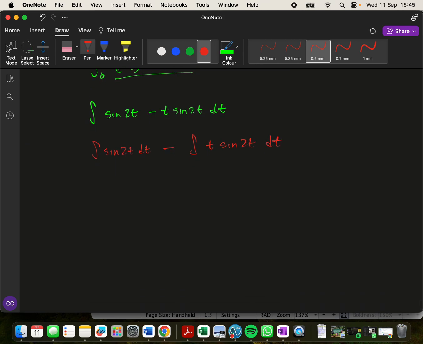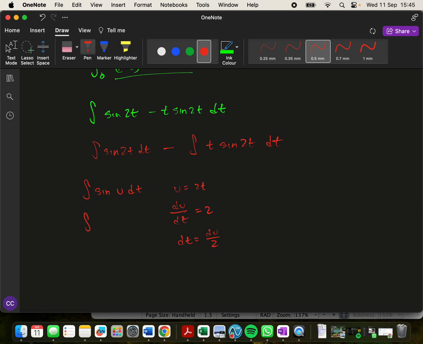Let's tackle this first one first. I've got to use a u substitution because it doesn't work out very well otherwise. In this case, my u is 2t. So du/dt gives me 2, meaning that dt is the same as du over 2.